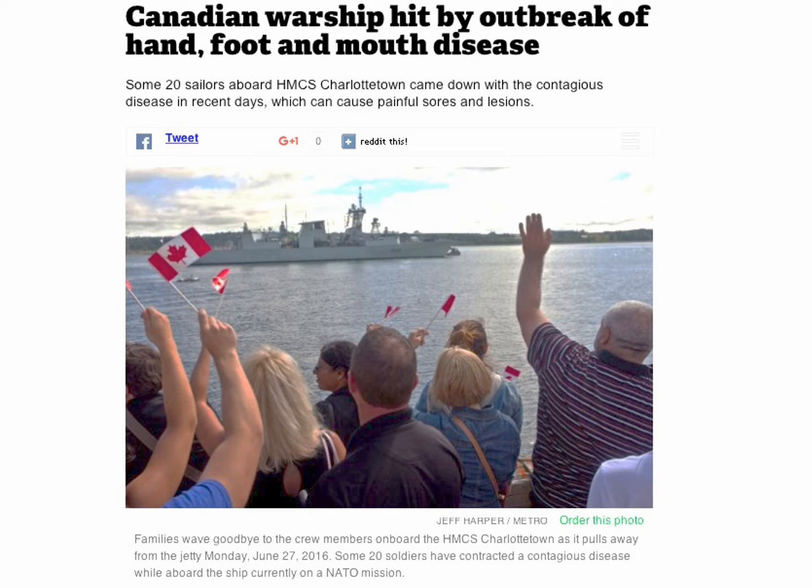Of local interest, as you can see from this slide, while outbreaks of hand, foot, and mouth disease are not common amongst adults, it can happen, as we see here. Usually, outbreaks of hand, foot, and mouth disease are linked to daycare centers.